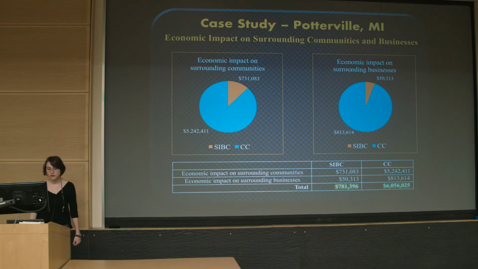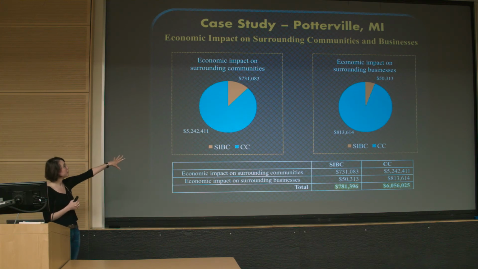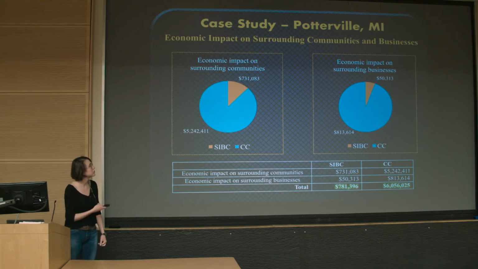When we sum those up for SIBC and conventional construction, the economic impact on surrounding communities is almost 5 million with conventional construction, and 700,000 with accelerated bridge construction, which is sliding bridge construction.